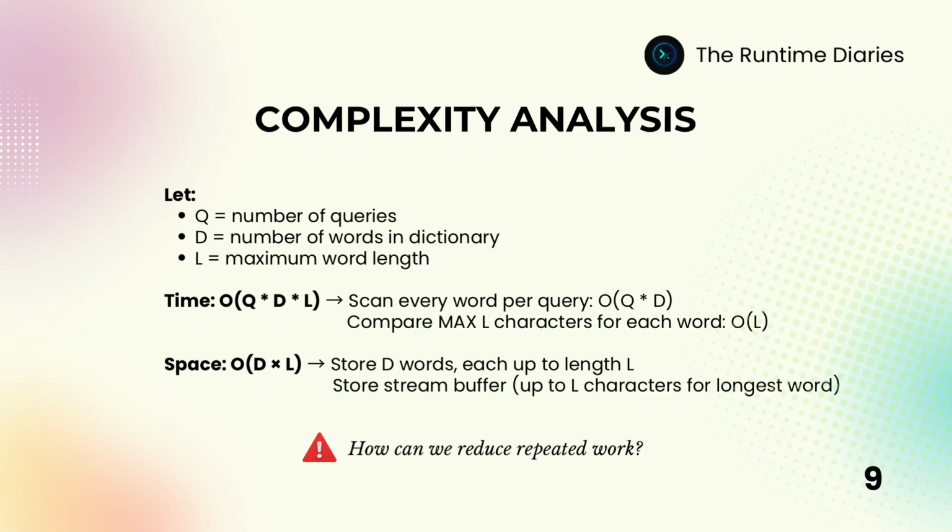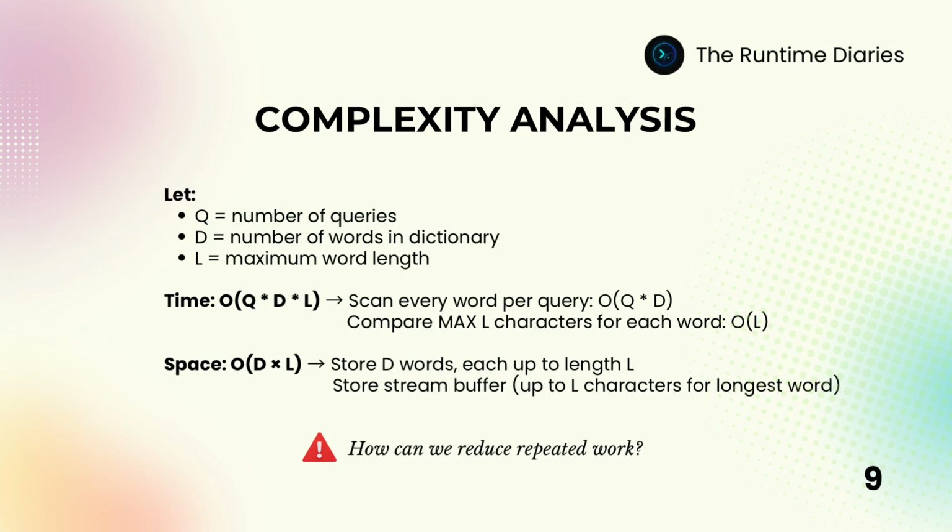That's O of D. 2, for each word, we compare up to L characters. That's O of L. So each query costs O of D times L. And if we do Q queries total, the overall time complexity is O of Q times D times L.